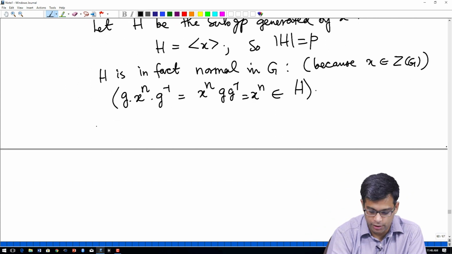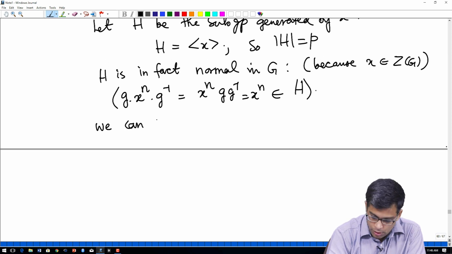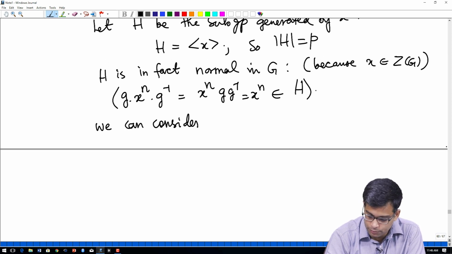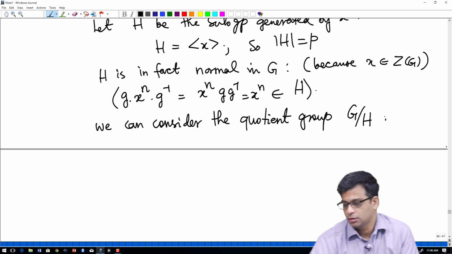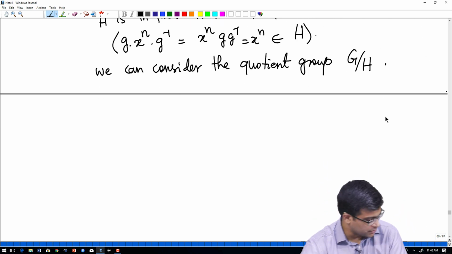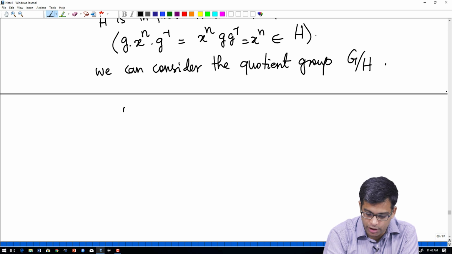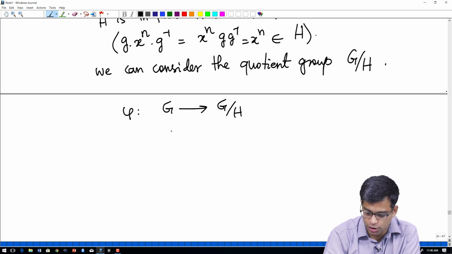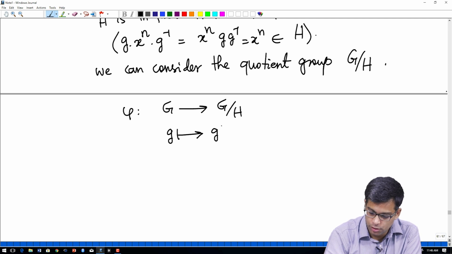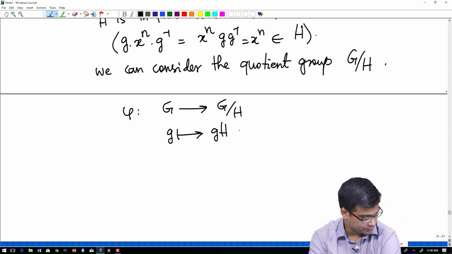So, in particular we can consider the quotient group. If you have a normal subgroup of a group, you can consider the quotient group, and let us look at the natural map from G to G mod H, small g going to the coset gH.